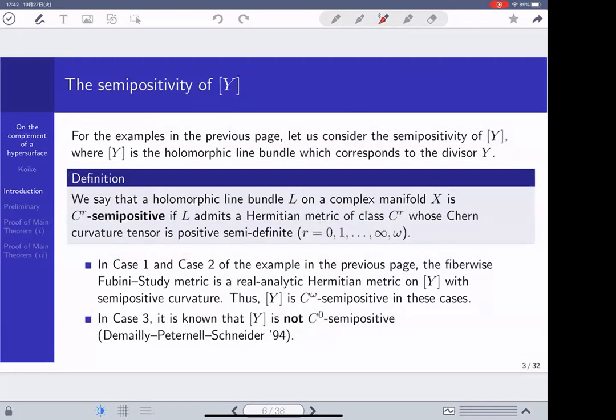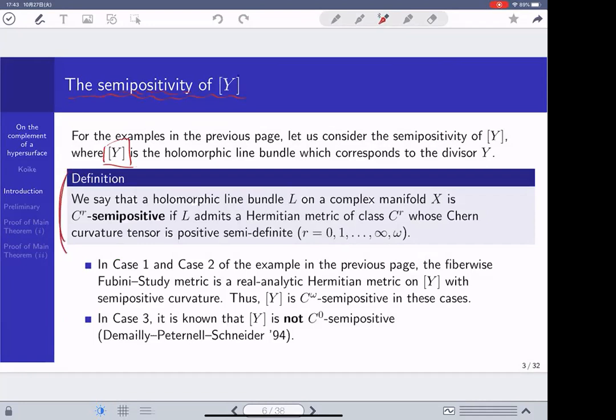In this talk, I want to explain these different phenomena from the viewpoint of the metric semipositivity of the line bundle Y. For the examples in the previous page, let us consider the semipositivity of Y, where Y is a holomorphic line bundle which corresponds to the divisor Y. And I'm talking about semipositivity in this sense, definition.